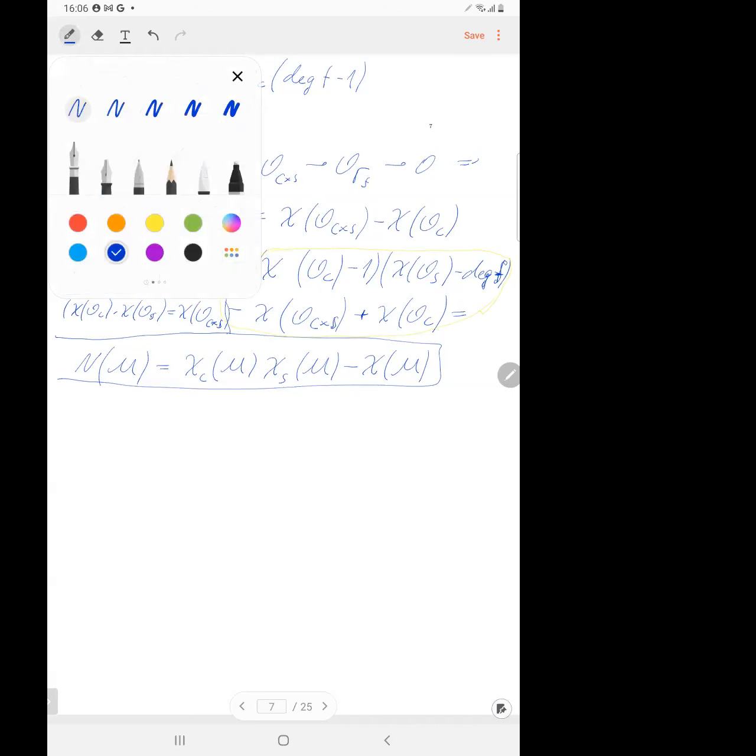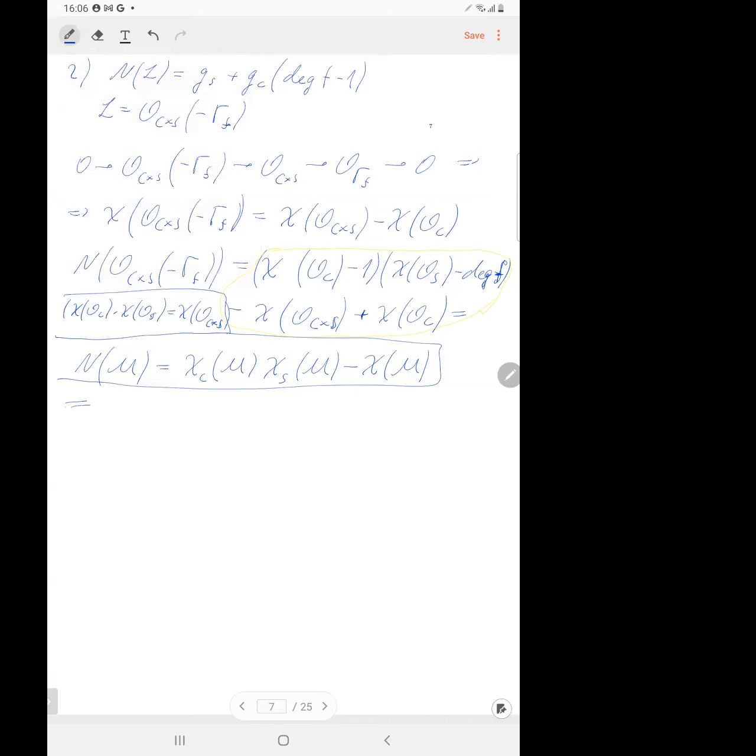Okay, so we're continuing with this computation. I said that the product part cancels out. Yes, because it's Euler characteristic of OC times Euler characteristic of OS minus Euler characteristic of OC times S. This part cancels out.